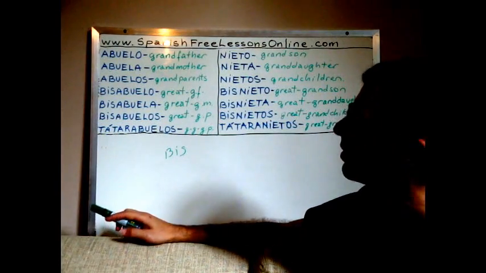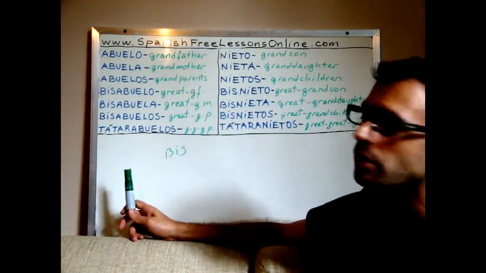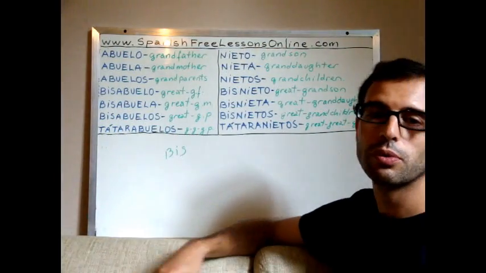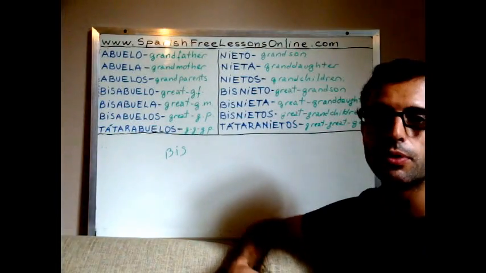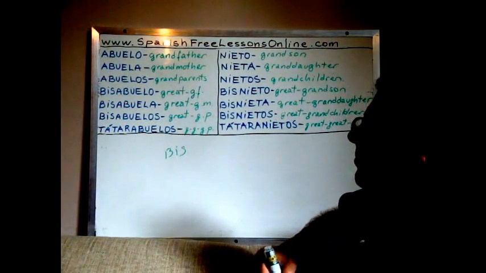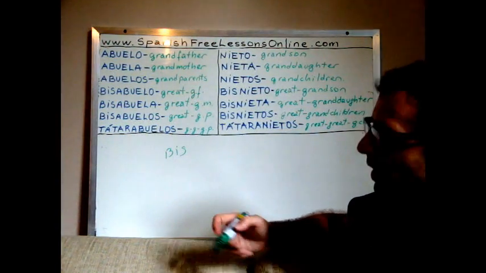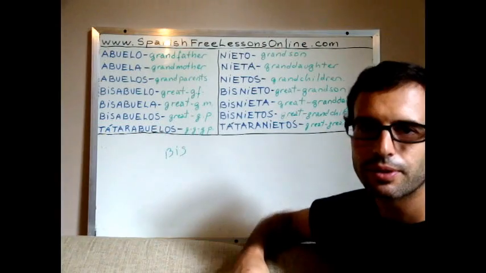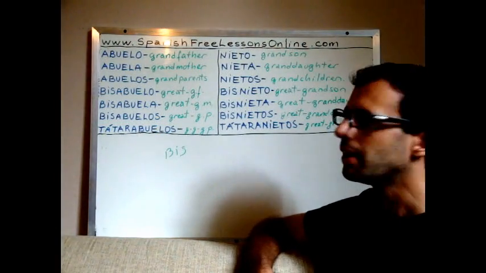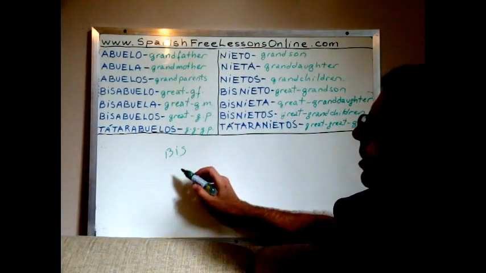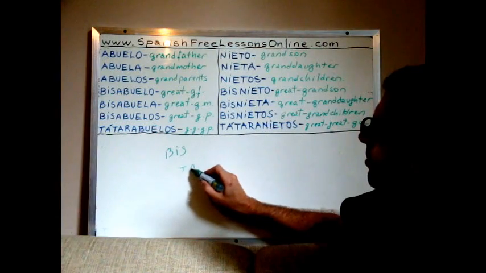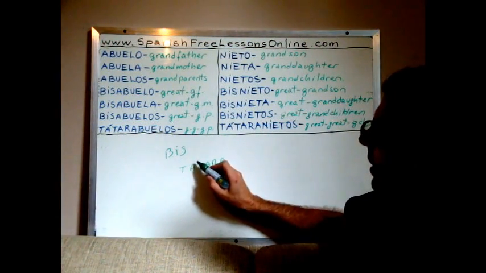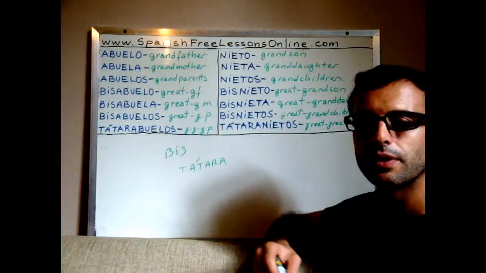So there are rules as to where goes the accent in words that don't have the tilde, and that we will see further on because it's more complex. Okay? So if we want to go even further and say the great great grandfather, or grandparents, we add as many tatara as you want, okay?